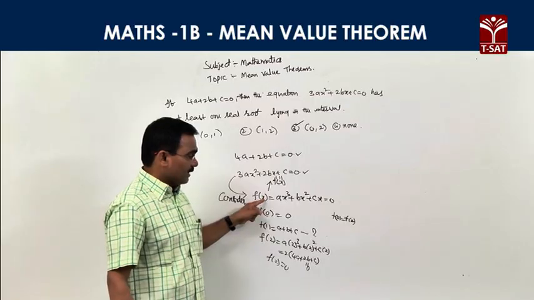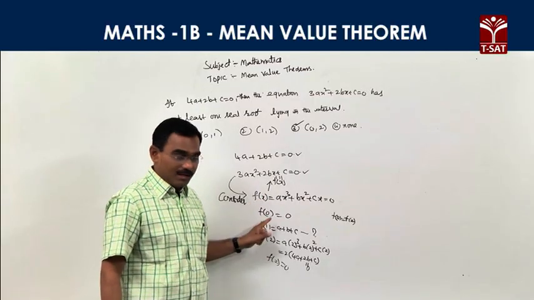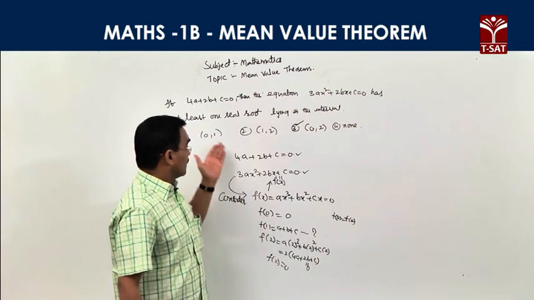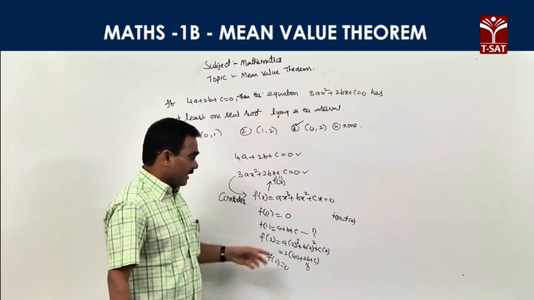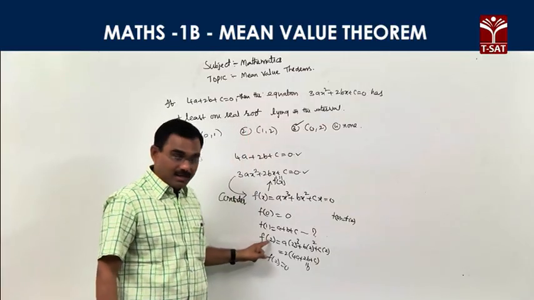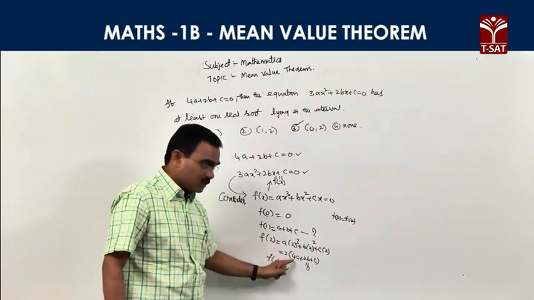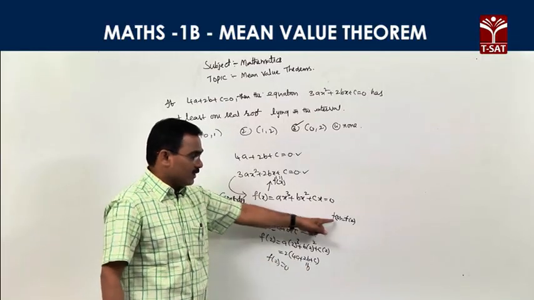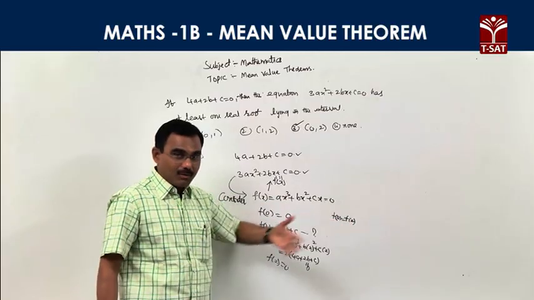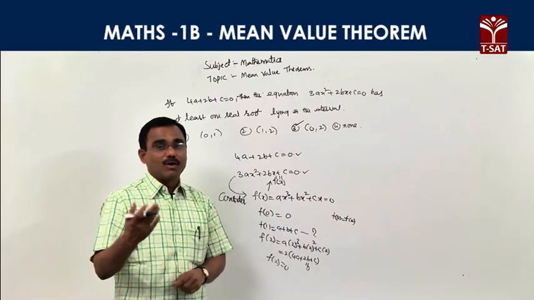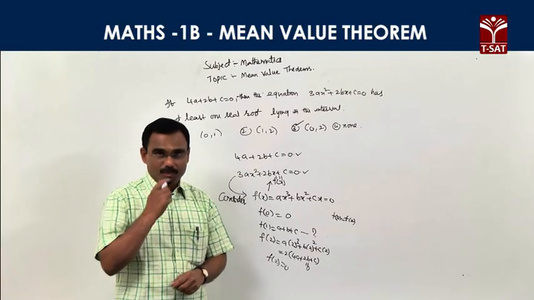We try f of 0, which is 0, and f of 1, which is a plus b plus c, not given, so 0 and 1 fails. Next, 1 and 2 also fails, leaving 0 and 2. Applying our condition 4a plus 2b plus c is 0, f of 2 is also 0, and f of 0 is 0. So f is continuous and differentiable, f of 0 is equal to f of 2, and f satisfies all conditions of Rolle's mean value theorem.